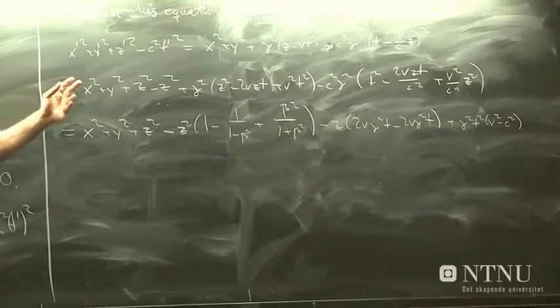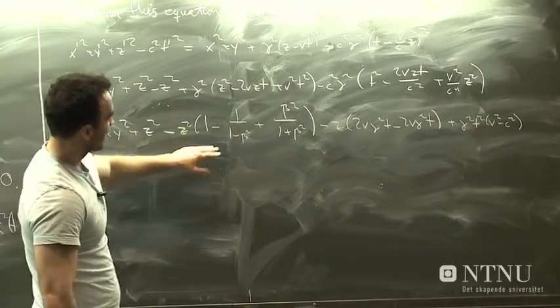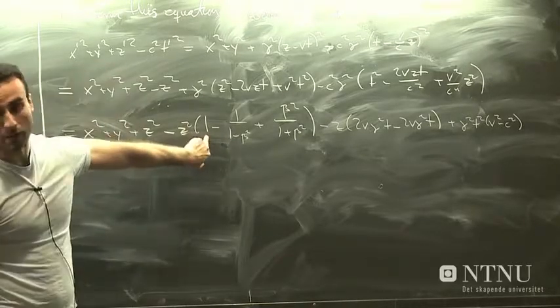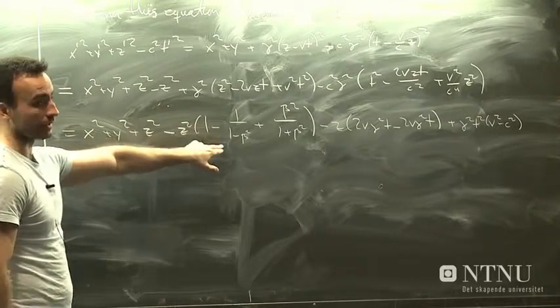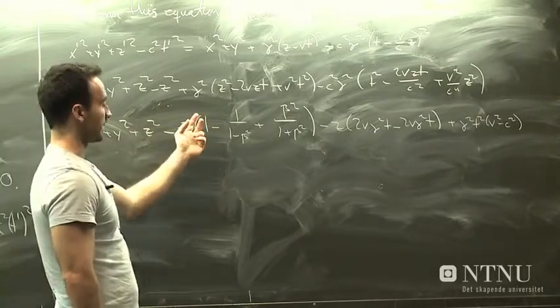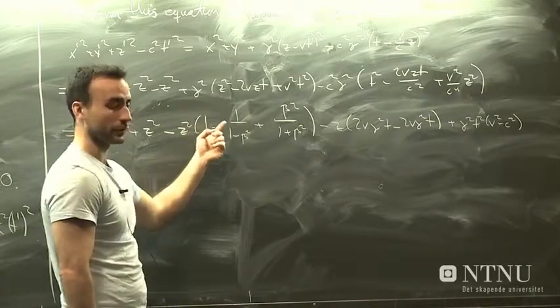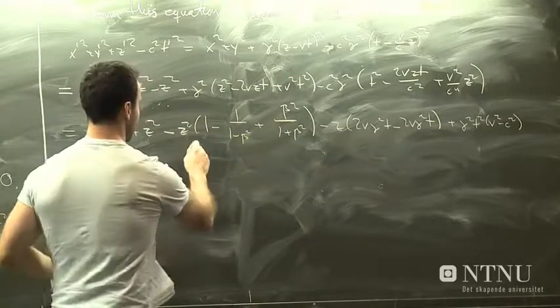I can rewrite this line as follows. So by multiplying now 1 here with 1 minus beta squared, both in the numerator and denominator, I see that I get 1 minus beta squared minus 1. So I'm left with only minus beta squared, which cancels this term. So this is 0.